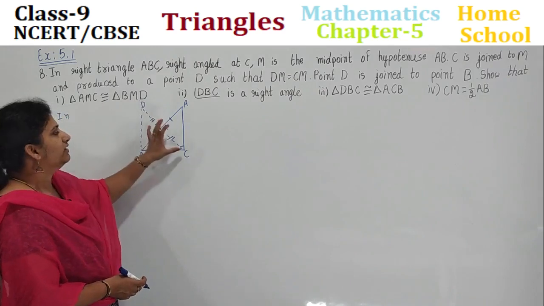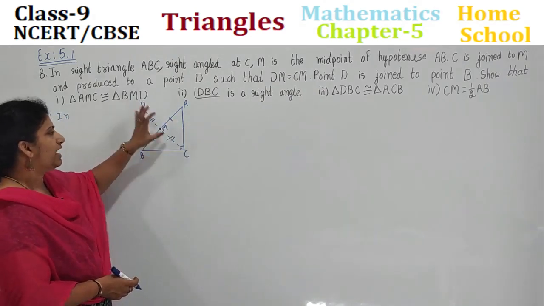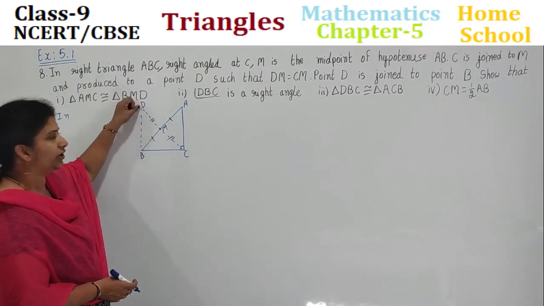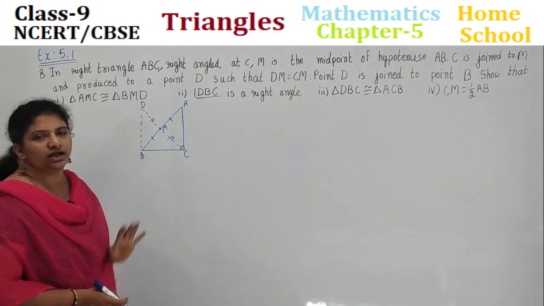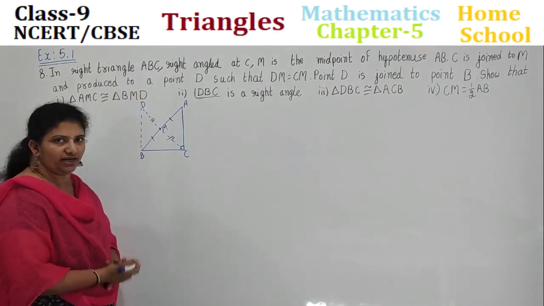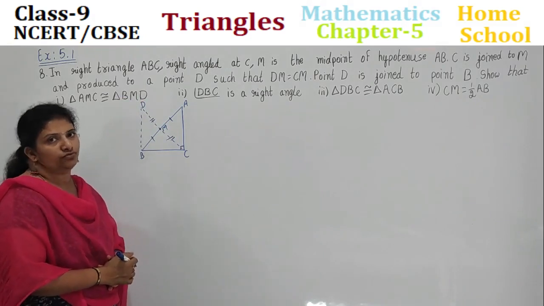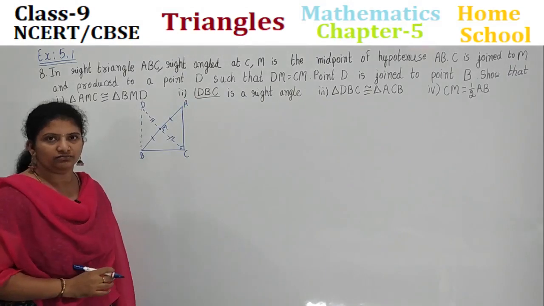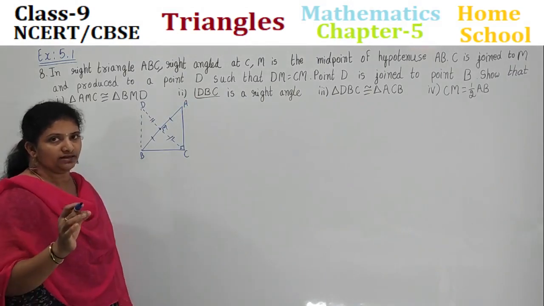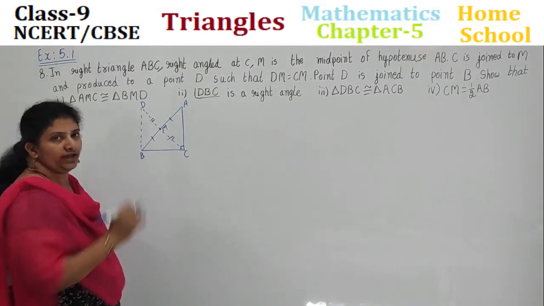Extend MC to meet at a point D, then join BD. Given DM is equal to MC. This is all you write in the given data. Then we need to prove: write the statement and then write all the four cases.